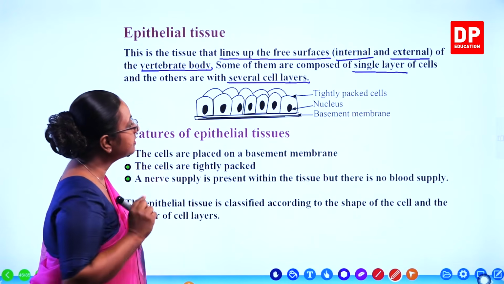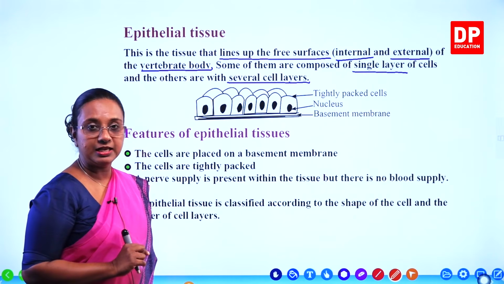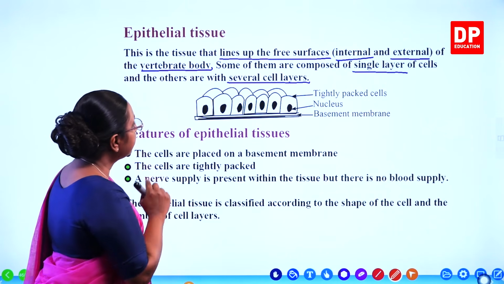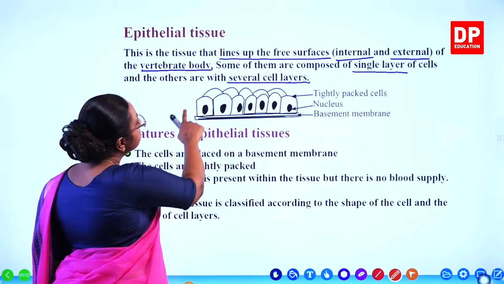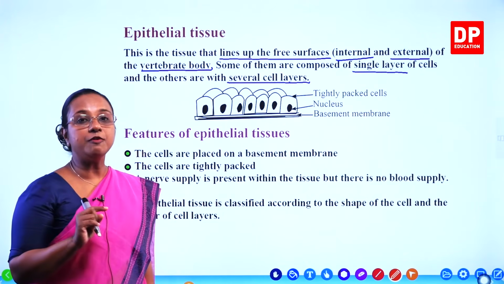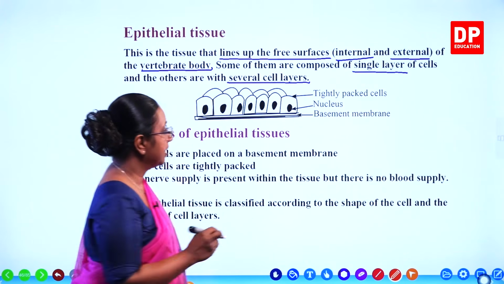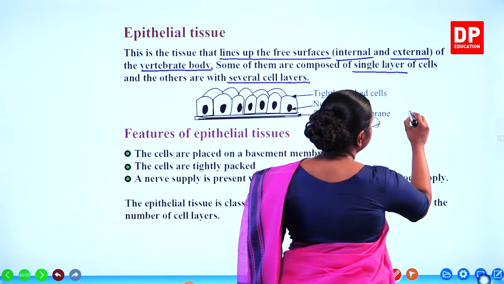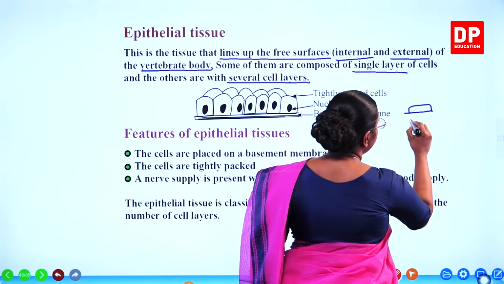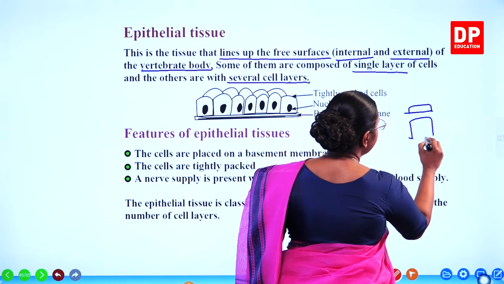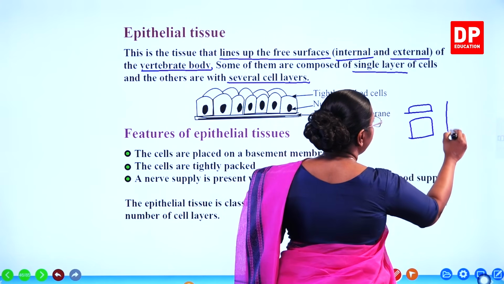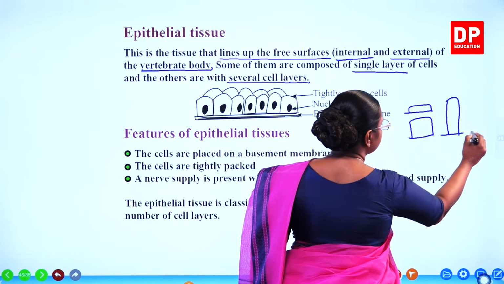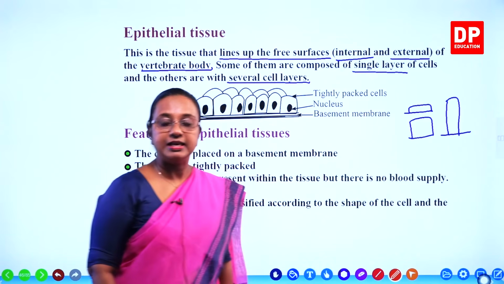That is a specific feature of epithelial tissue. And then, if you look at the cells, they can be of different types. They can be very flat cells like this, or they can be a cube-like structure like this, or they can have a long, tall structure like that.